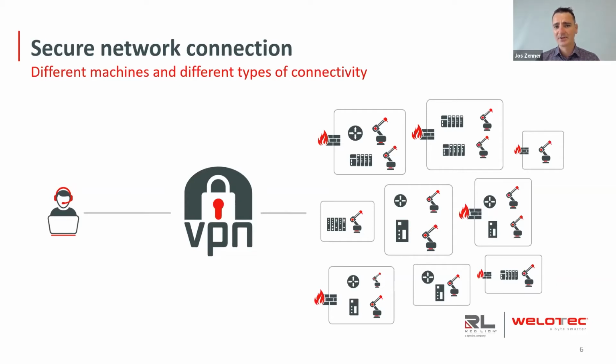And on the other hand, you have so many different types of edge devices in the field. Some are behind a firewall, some are just a PLC, you have routers, and of course you have Lion FlexEdge devices.